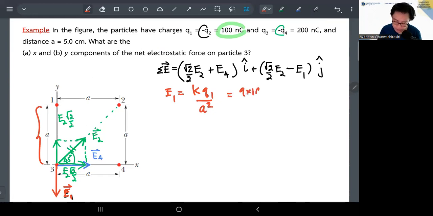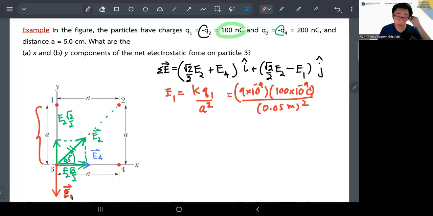I think maybe this is a good example to give you a number. I'll just omit the units for now because I ran out of space here, but there must be some units there as well. So it's 100 nano, 10 to the negative 9, divided by a, which is 5 centimeters, so 0.05 meter squared. That's how you calculate the E1 magnitude.